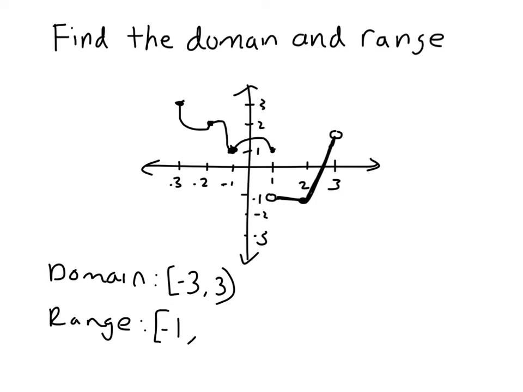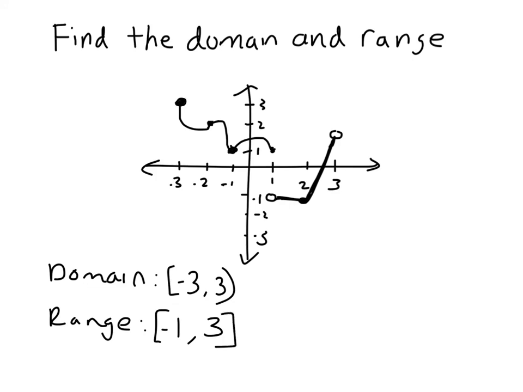Okay, and then if I were to go up from there and find the highest I ever reach, you see here at 3, that's the highest my y values ever reach. So at 3, and I do include it because there's a solid dot there.